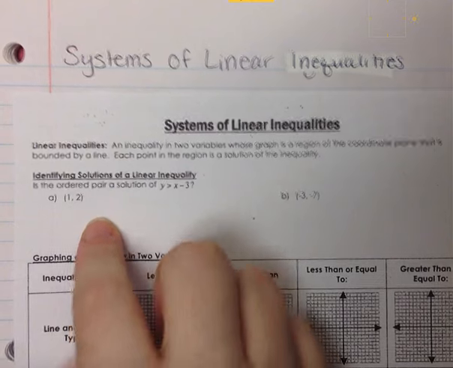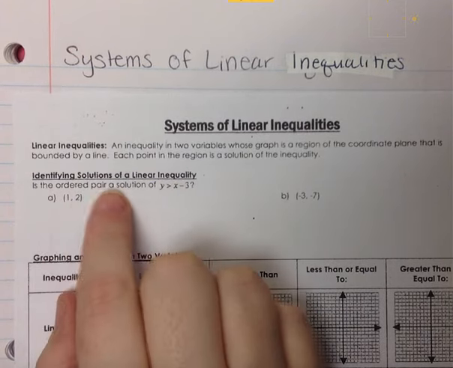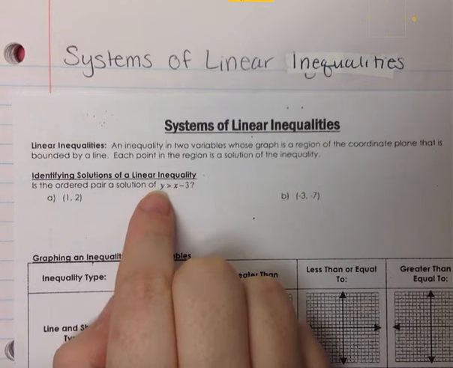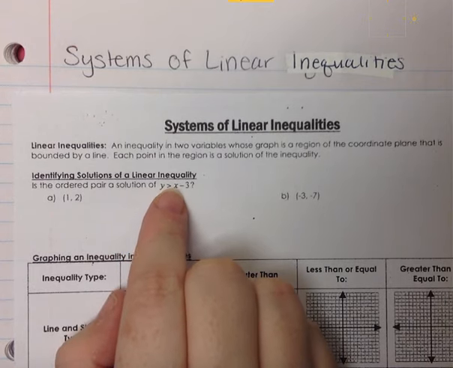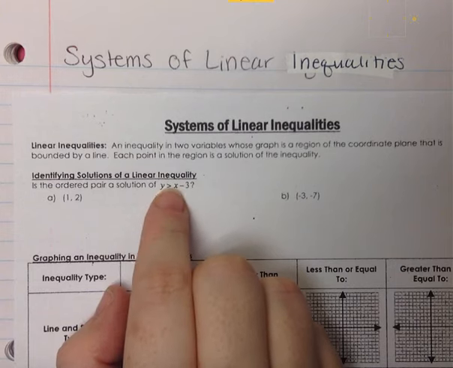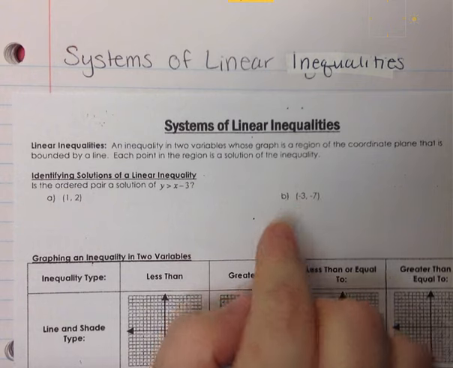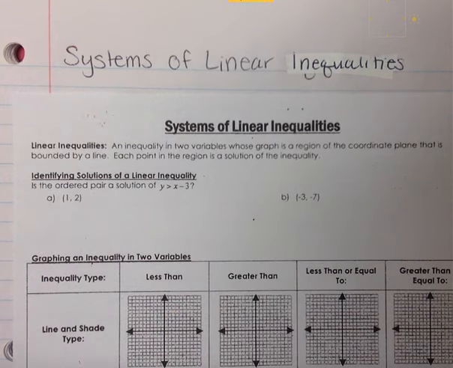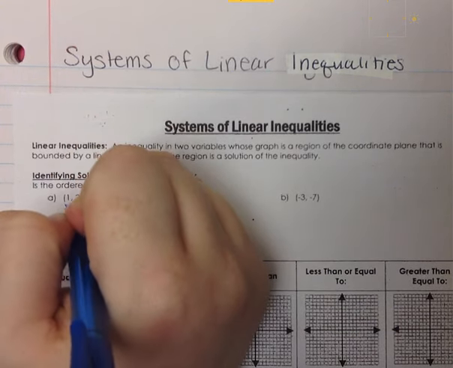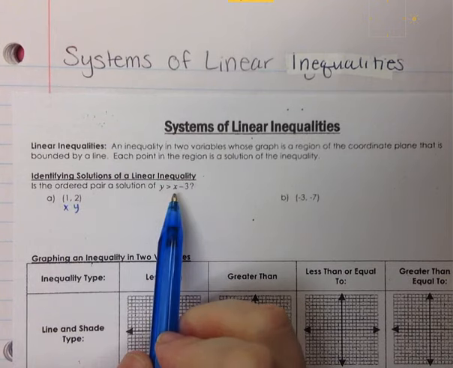So just to see identifying solutions of a linear inequality, we're going to check to see, is the ordered pair a solution of y is greater than x minus 3? Because multiple coordinates could be a solution, we're going to check both of these coordinates. We have an x and a y coordinate, and we substitute these values in for the variables.